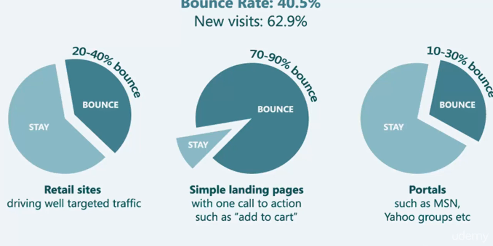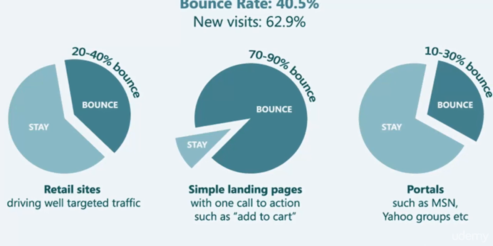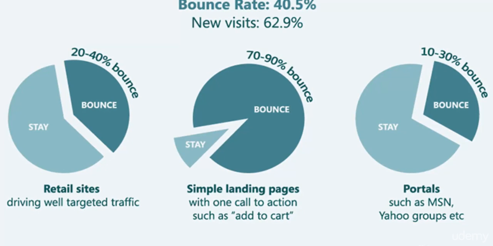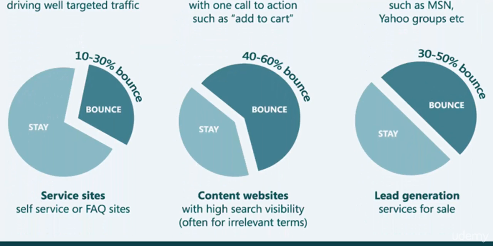For portals such as MSN, Yahoo groups, Facebook groups, etc., the bounce rate average is 10 to 30% because there the interaction is very high, which leads to lower bounce rate. Let's come to the important category, that is content websites. Blogs, news websites, magazine websites, all of these websites fall under the category content websites.